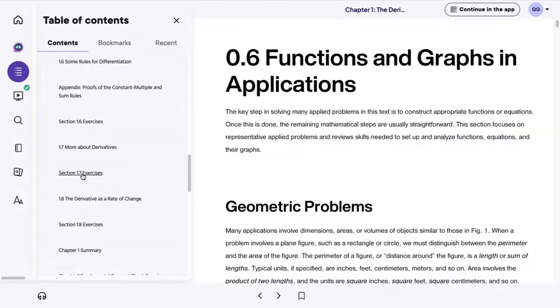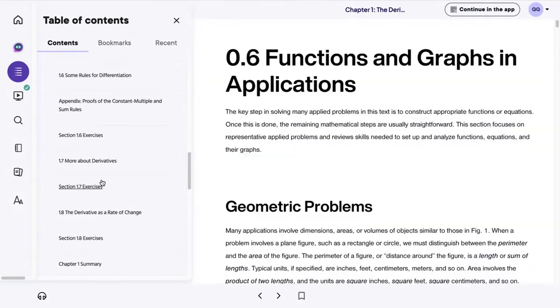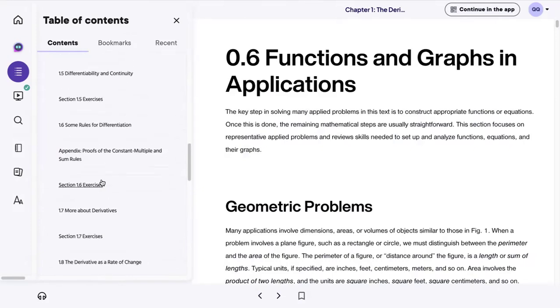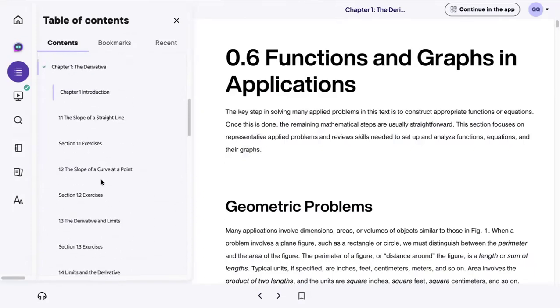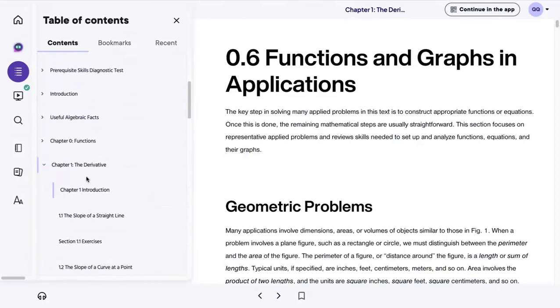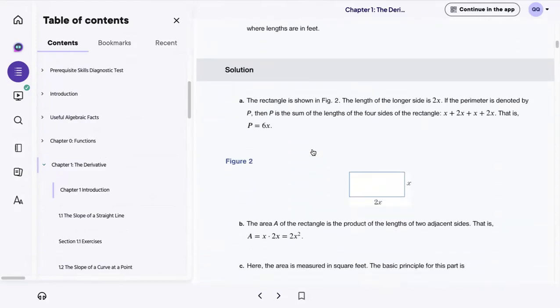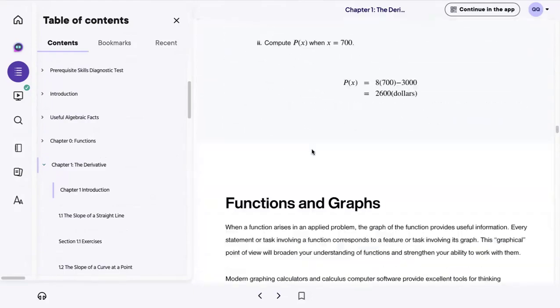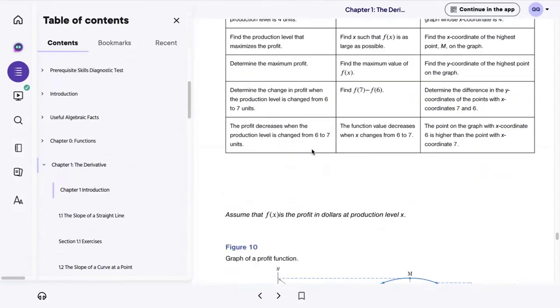And the next thing, we're going to chapter 1. I think it's on the bottom of this page.